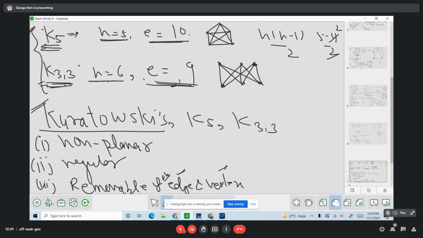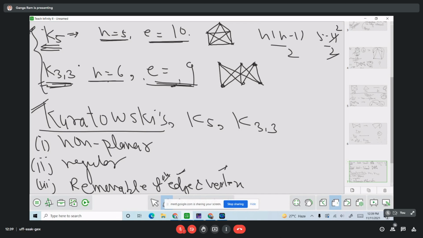Suppose you remove this vertex. How many vertices will be here? In this case 5. When we remove this vertex, the resulting graph has 4 vertices, and you can check that the graph is always planar. It is not necessary that it will be a K4.